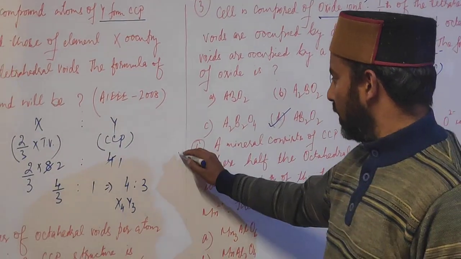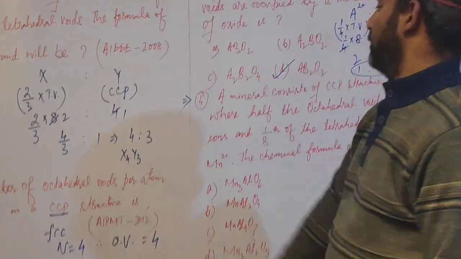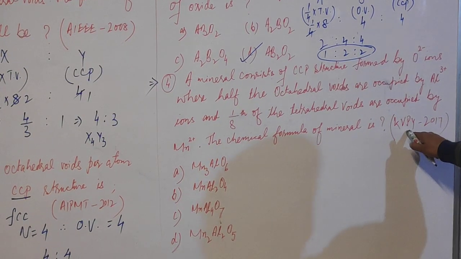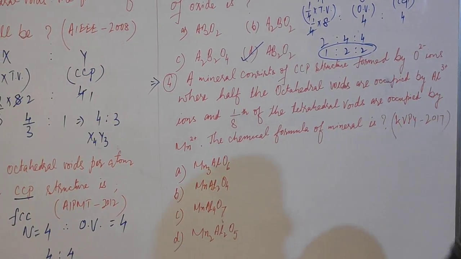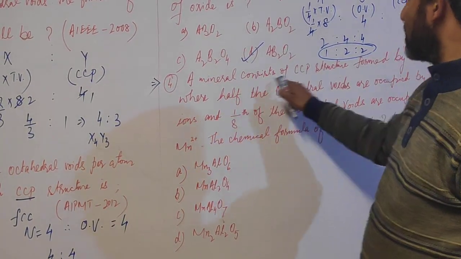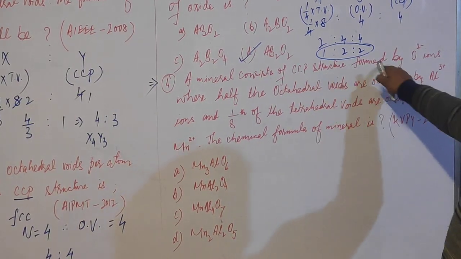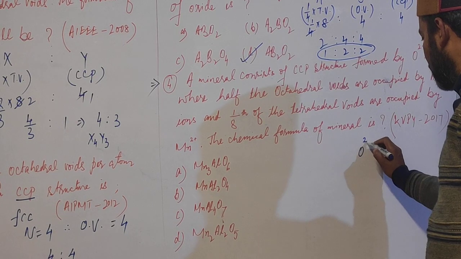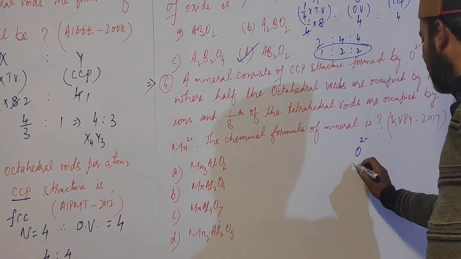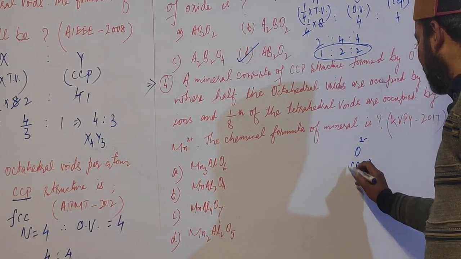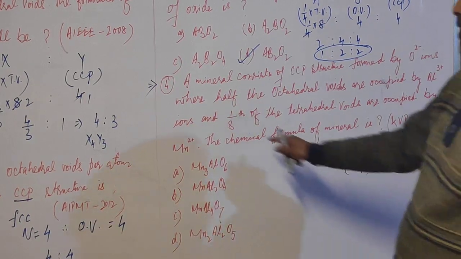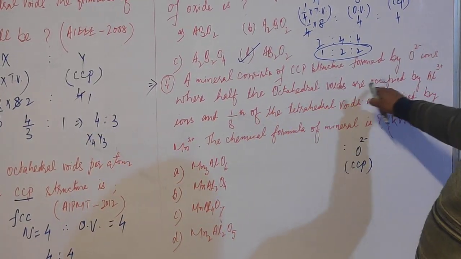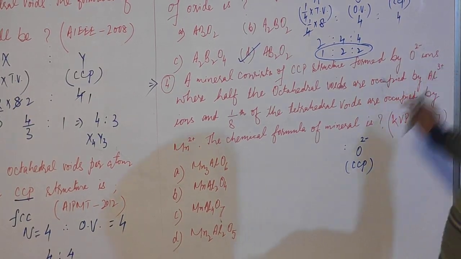That is, correct answer is option D. Now next we have 4th question. Now this question is from KVPY 2017 exam. A mineral consists of CCP structure formed by oxide ions. So again student, this lattice has oxide ions adopting CCP lattice, where half the octahedral voids are occupied by aluminium ions.